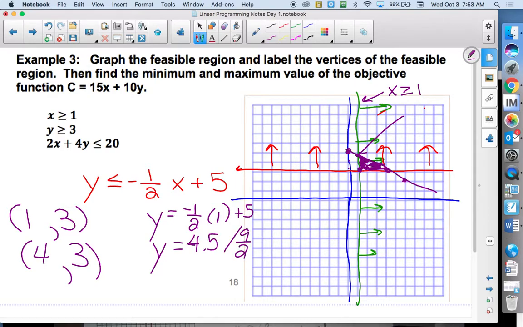Either one of those are fine. But -1/2 plus 5 is 4.5. So that final location is 1 and then 4.5. Because it's going through the center of the box, not at a corner of a box. And again, you can just find that by taking the x value, plugging it into the line that's crossing over it.